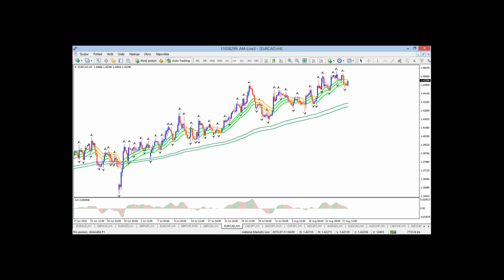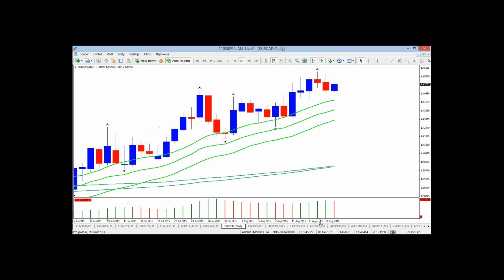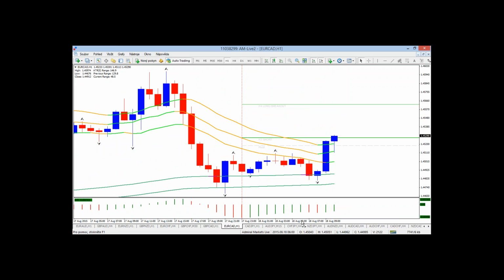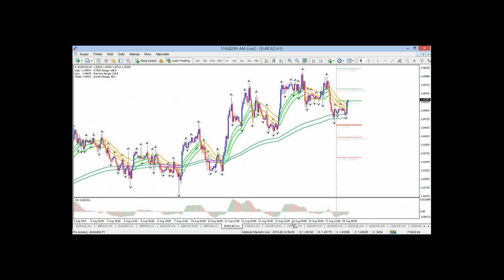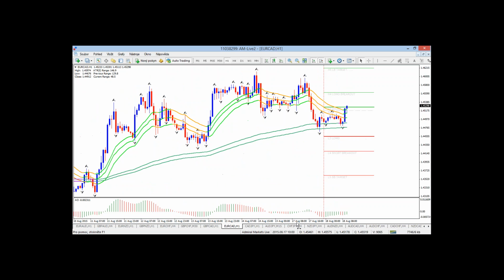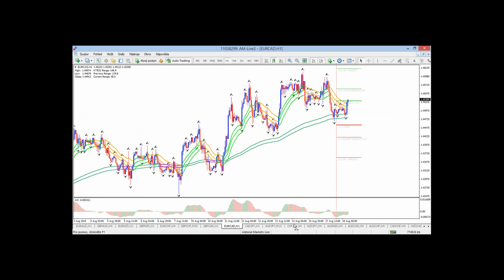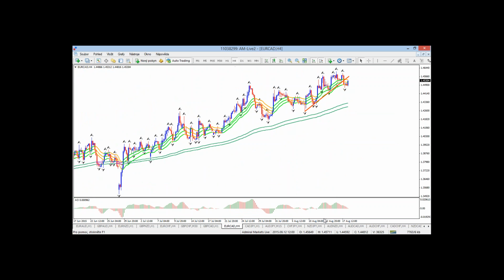Well, it's definitely the 4 hour chart showing an uptrend. But there is some struggle when you look at these daily candles. And we did break through this support level. I'd be cautious. I would be neutral at the moment. I want to see more information.